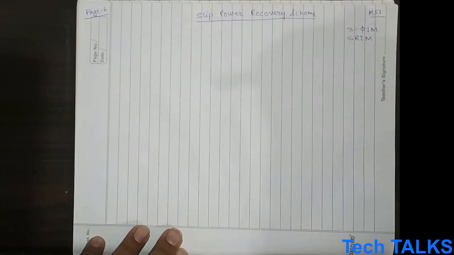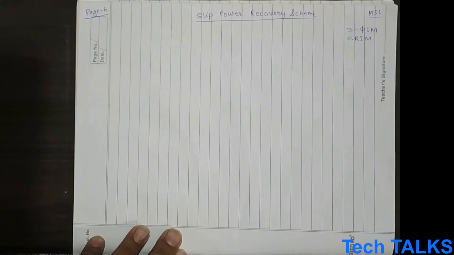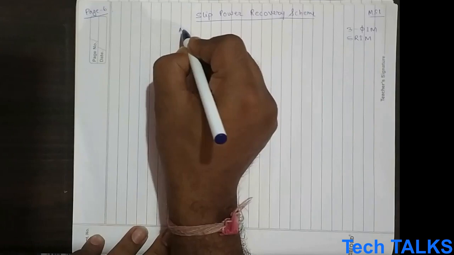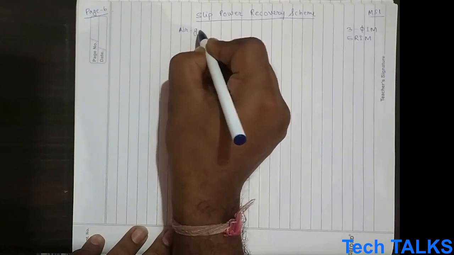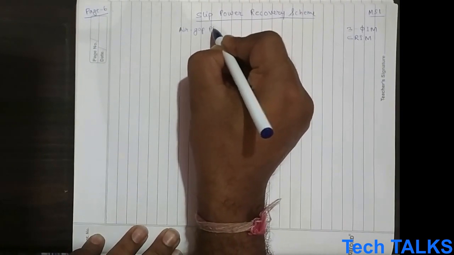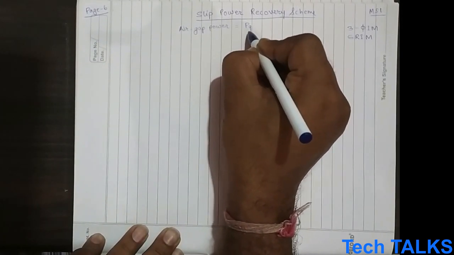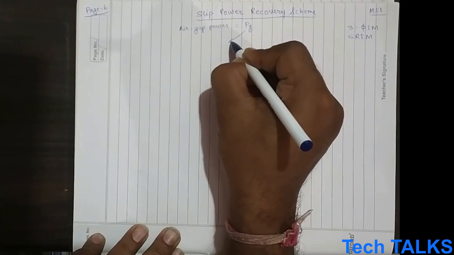So how does this slip power recovery scheme look like, and what is the basic principle? The air gap power, that is PG, is actually divided into two parts.